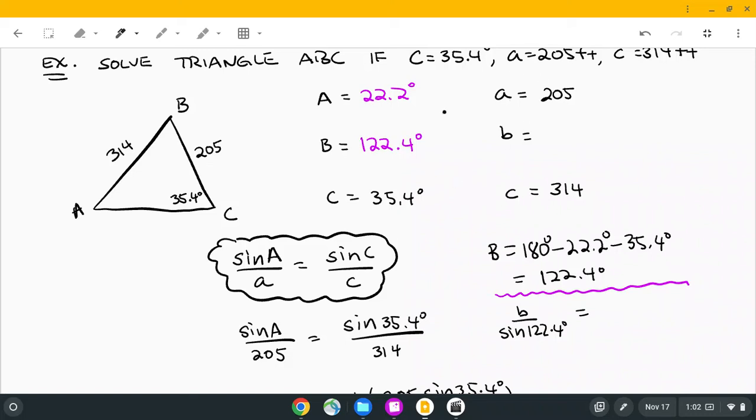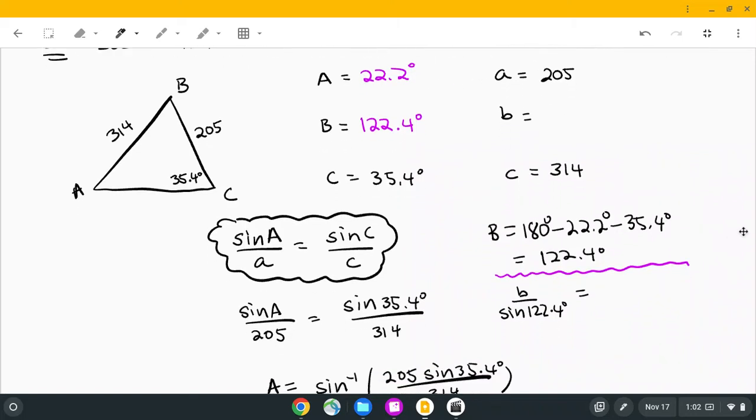You could use these a's, but you better be sure that you didn't make a mistake there. So lowercase c is 314 over sine of 35.4. Solving for b, you get 458.10. But we have 3 significant digits, so that will be 458.